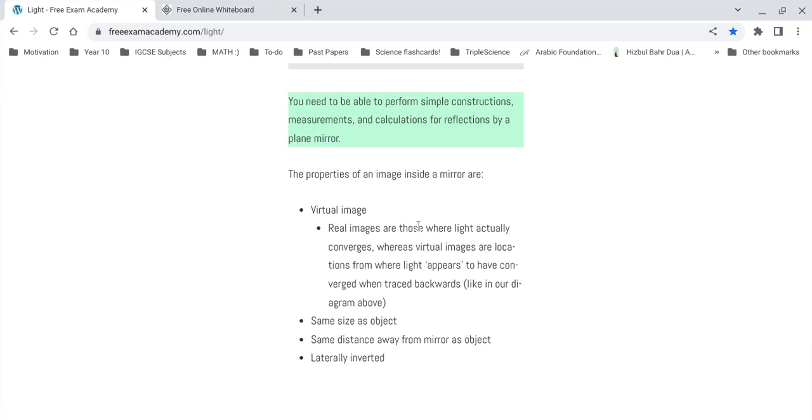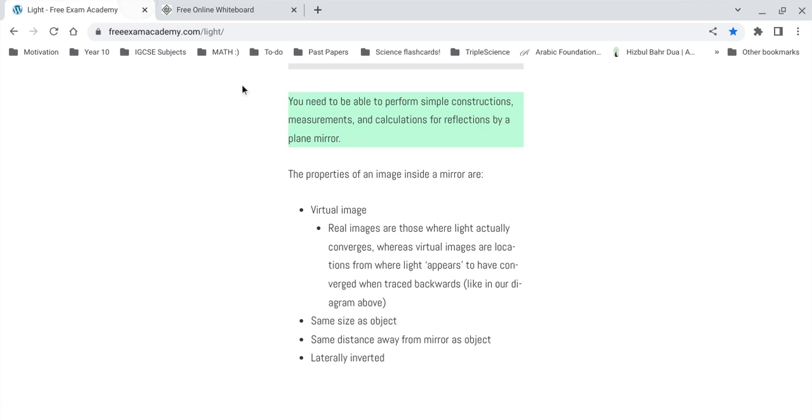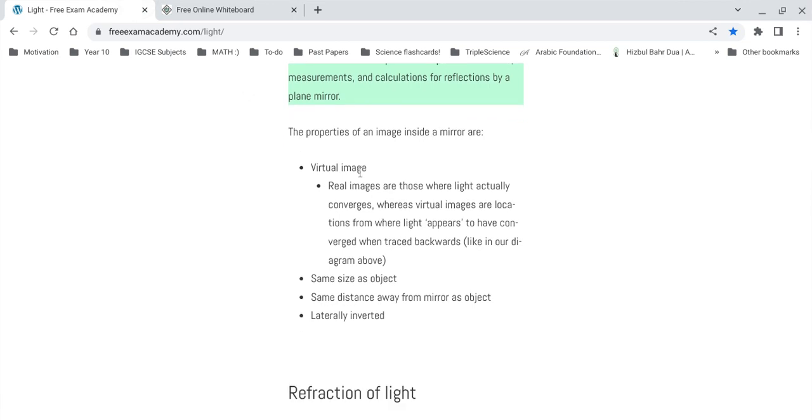So when the lines meet, in real images, the light is actually meeting. Virtual images, it seems to be meeting when traced backwards. So see how we traced our reflected rays backwards? It seemed to converge, right? But it didn't actually. So that's how we know it's a virtual image.